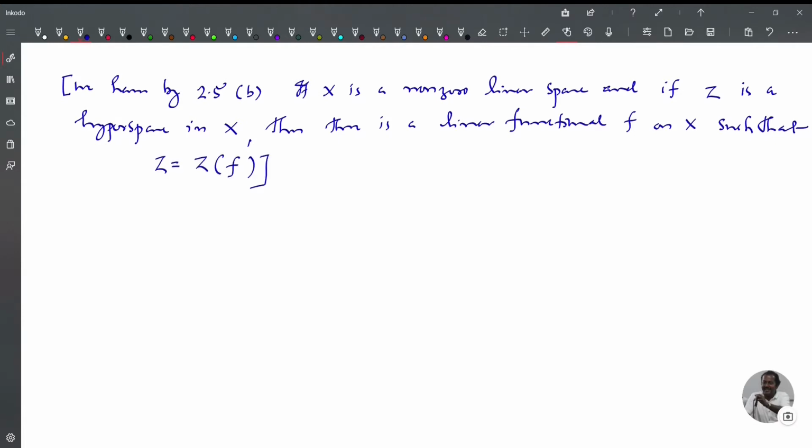We have X is a non-zero linear space and Z is a hyperspace. Therefore, there exists a functional f from X to R such that null space of f equal to Z.